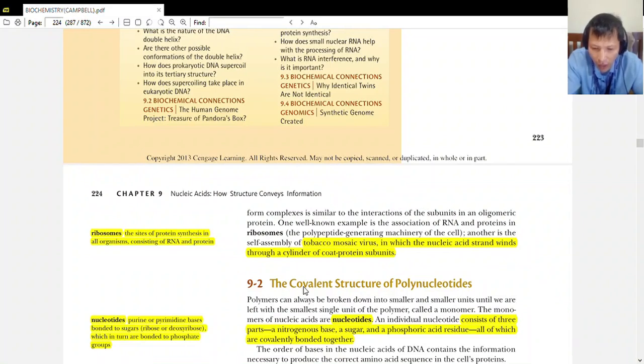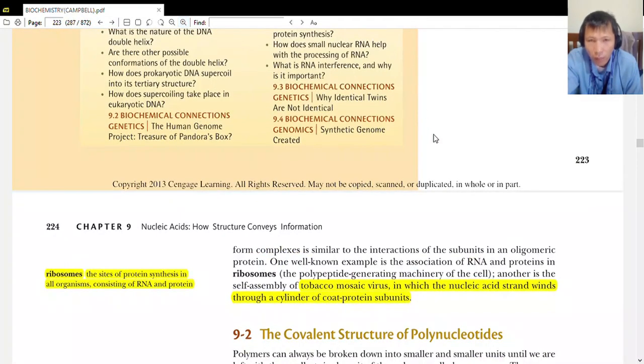Then you have ribosomes. They are the sites of protein synthesis in all organisms. Basically, we are just made of proteins, the building blocks of our cells, and cells are the building wherein you hold everything, you transact everything.